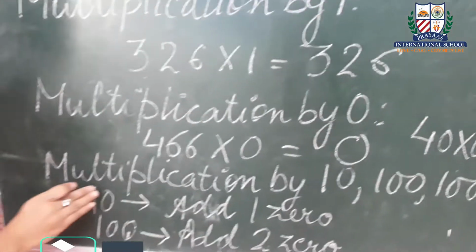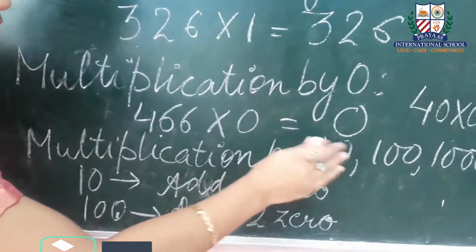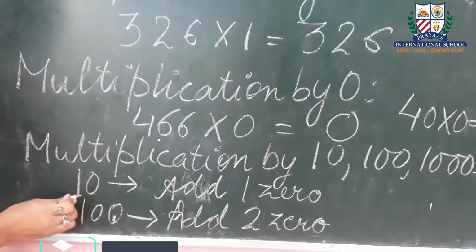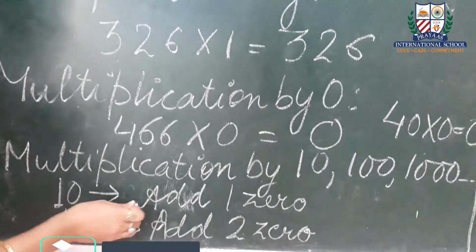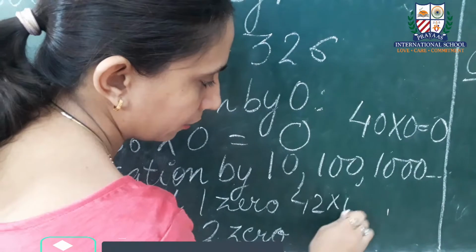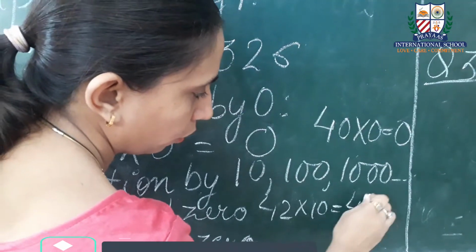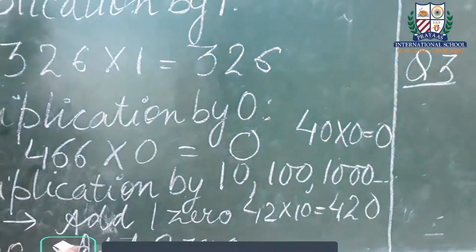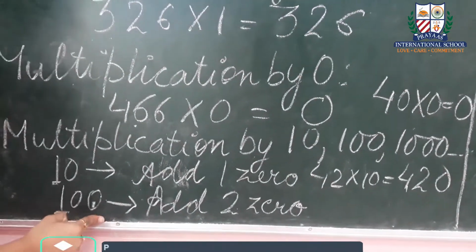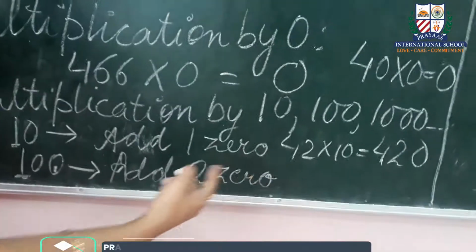Now if we are multiplying any number by 10, 100, 1000 and so on, then if we are multiplying by 10, we can simply add 1 zero. Suppose 42 into 10, the answer will be 420. If we have to multiply any number by 100, we simply add 2 zeros.